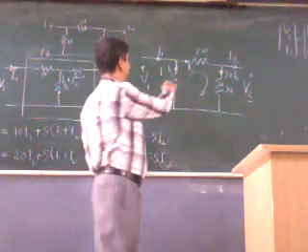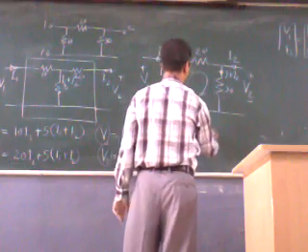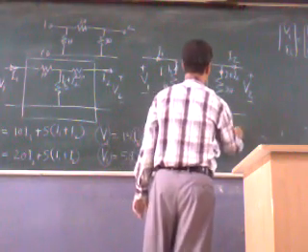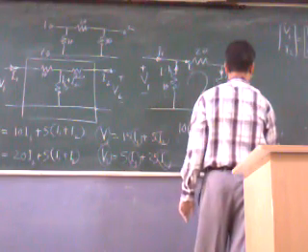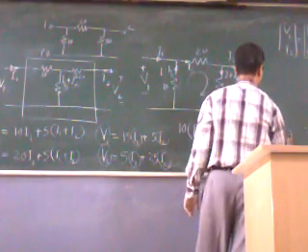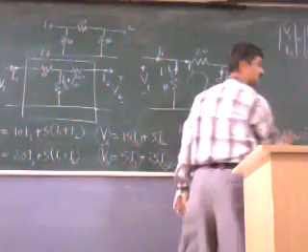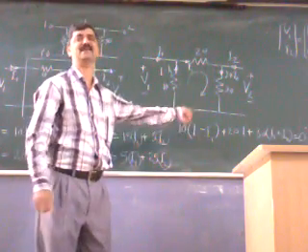So 10 into bracket I minus I1 plus 20 into bracket I plus 30 into bracket I plus I2 must be equal to 0. Now this will allow us to write I in terms of I1 and I2.